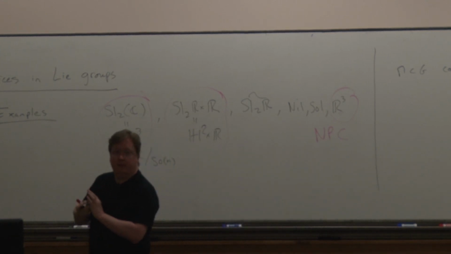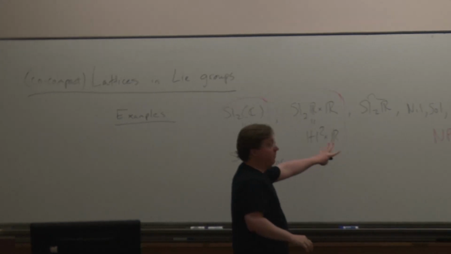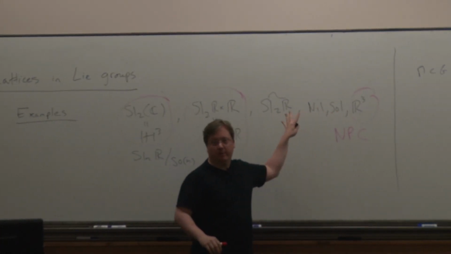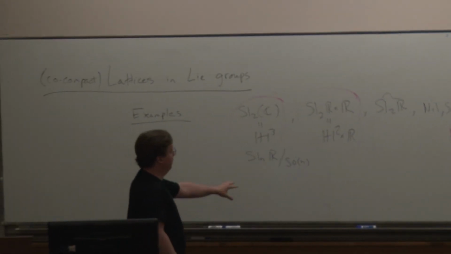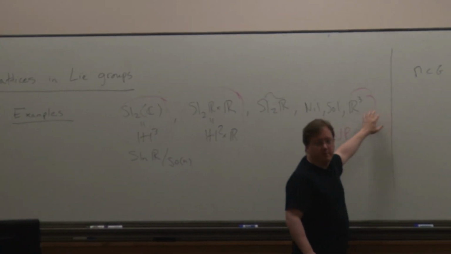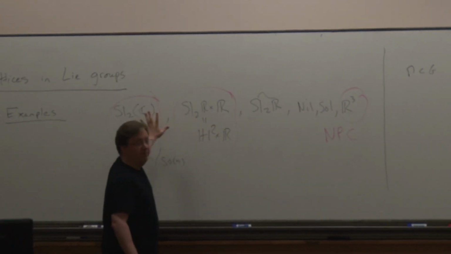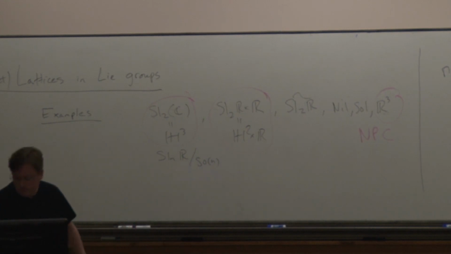CAT(0) we've seen get talked about quite a lot so far. These other three are not. They're somehow different, although the reason R cross H2 is off here at the end by itself. Although it is non-positively curved, it doesn't really fit the sort of techniques we need for these others.